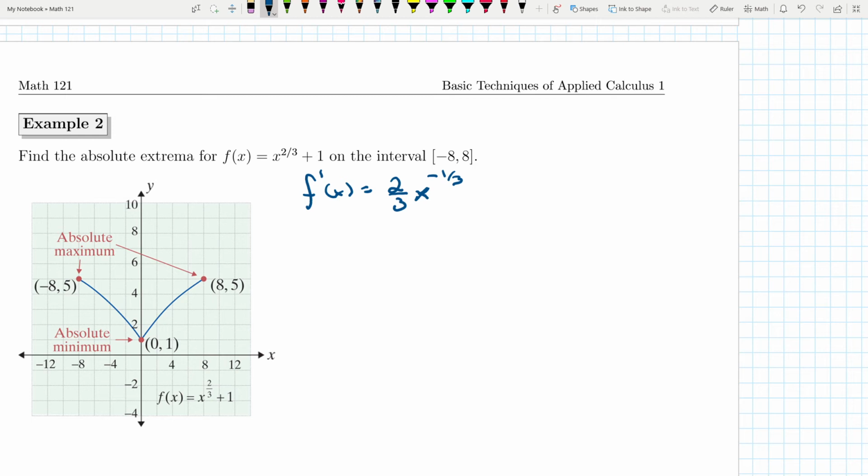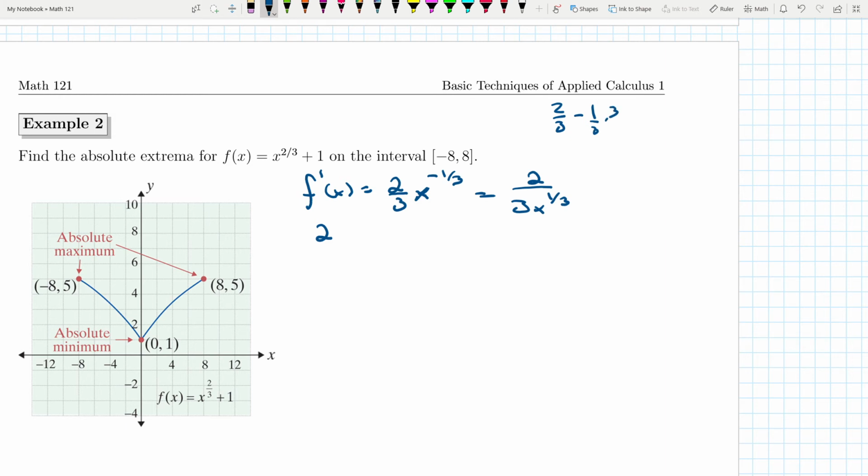First of all, this is 2 over 3x to the... oh, actually, yeah, 2/3 minus 1. I made a mistake over here. 2/3 minus 1, that's negative 1/3. That is correct.